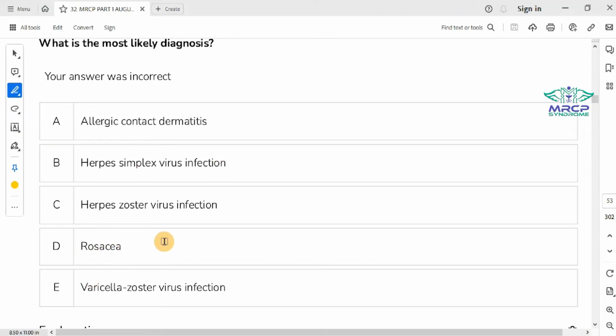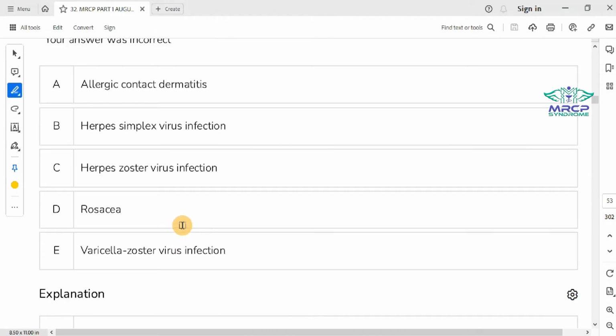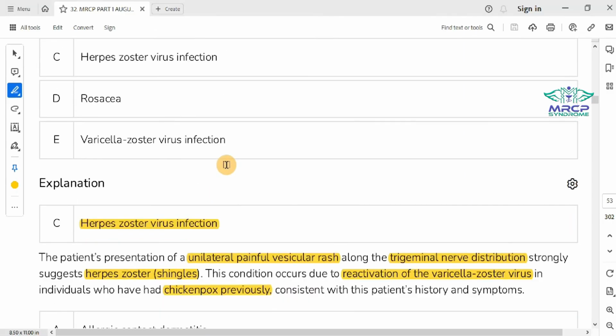And acne rosacea is characterized by erythematous facial lesions. There would be prominent blood vessels, so there may be persistent erythema or telangiectasia or papules as well as pustules. So the most likely diagnosis is herpes zoster virus infection.